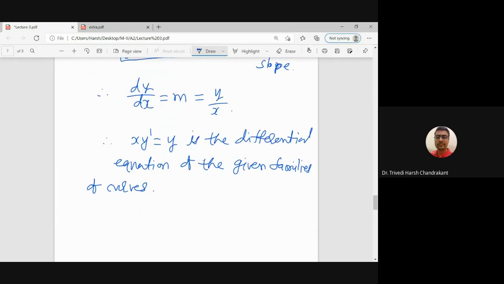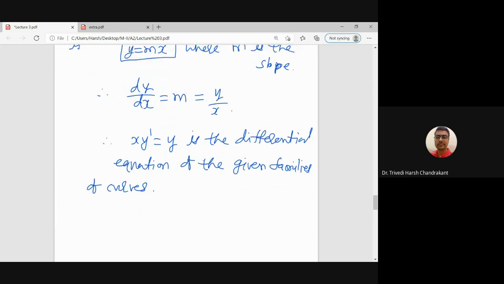So now what is the differential equation of the other family, the orthogonal trajectory family? Basically we need to replace y dash by minus 1 upon y dash in this equation.